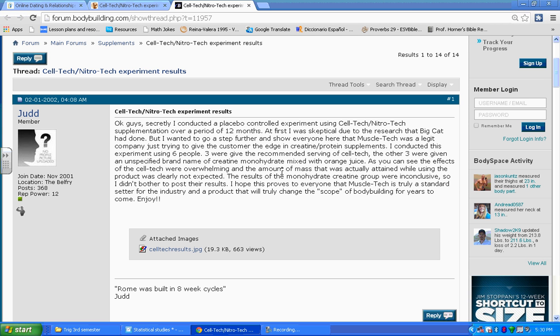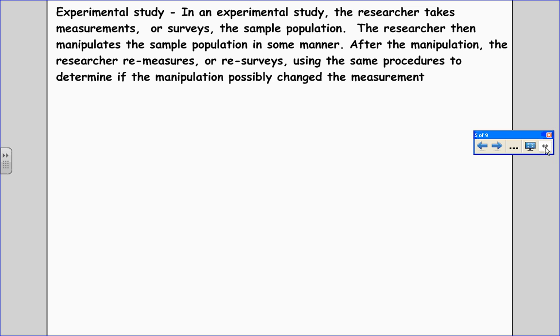They're not going to get Celtec, just to see if it really makes a difference. So 3 people got Celtec, and 3 people got placebo. And that's what an experimental study is. An experimental study manipulates the population in some way.